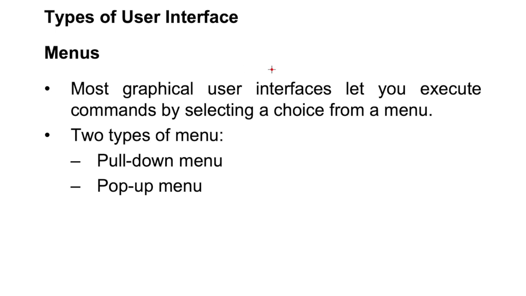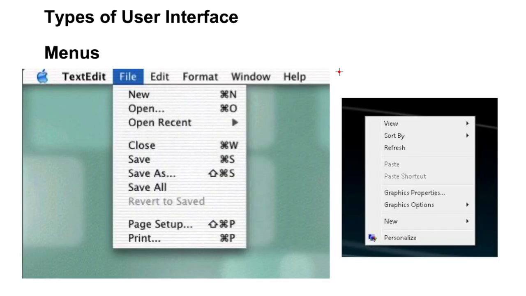Menus. Most graphical user interfaces let you execute commands by selecting a choice from a menu. There are two types of menu: pull down menu and pull up menu. So you can see the pull down menu here. This is from Apple and this is from Windows.